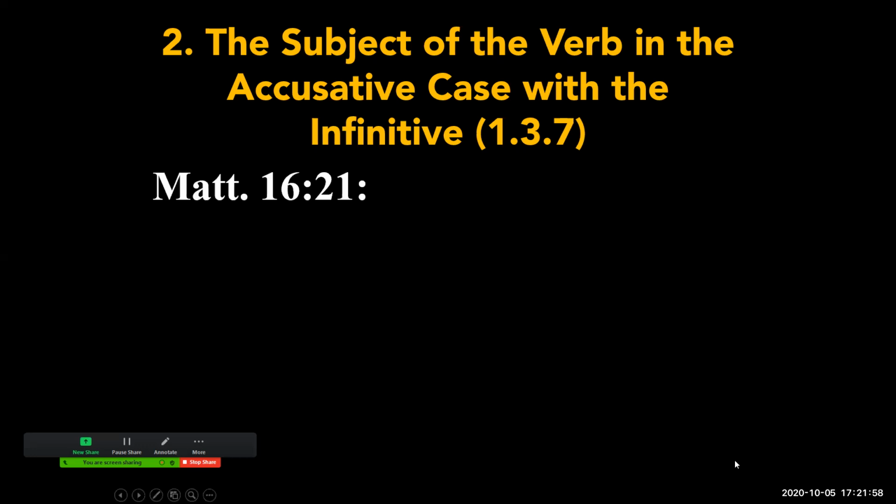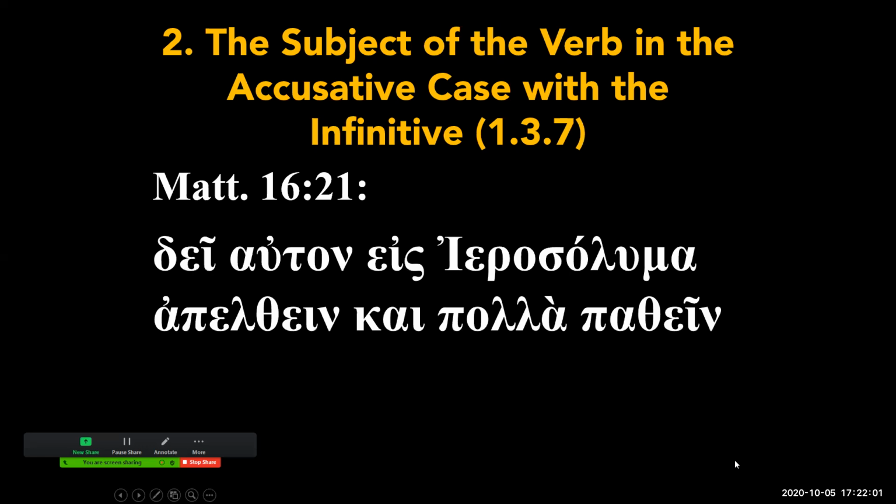When we have an infinitive, sometimes that infinitive will join a noun in the accusative case, and then that noun becomes the subject. As here, it is necessary, and then we will need to put in parentheses that he go down, apelthein, to Jerusalem and to suffer, pathein, many things.